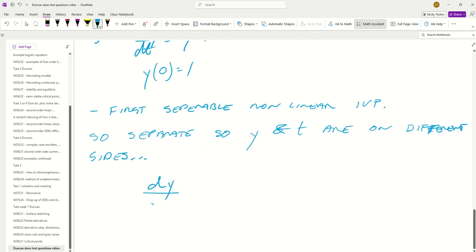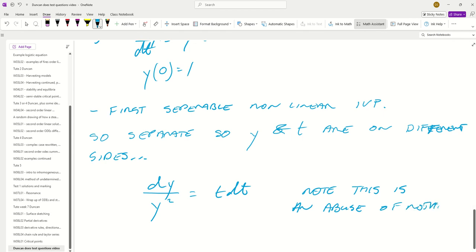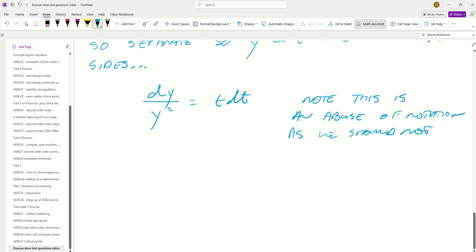So we do this step here, t dt. So we shouldn't treat dy/dt as a fraction, at least formally.